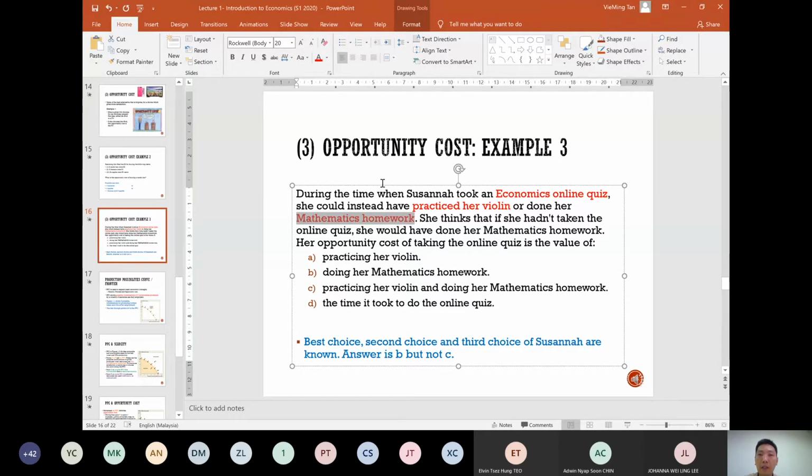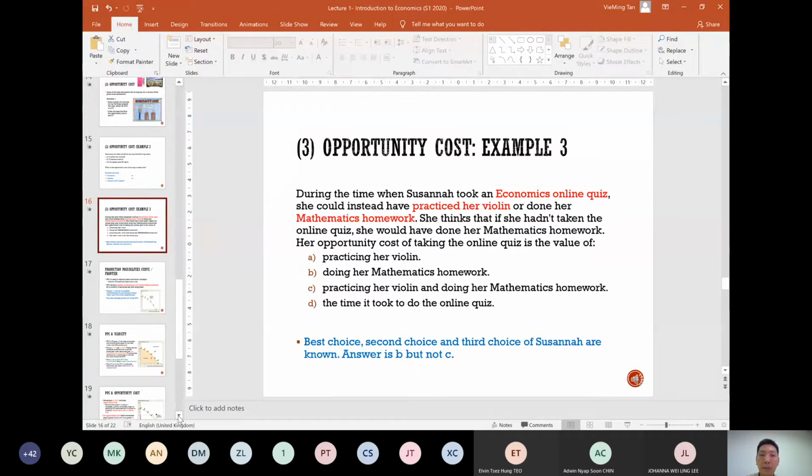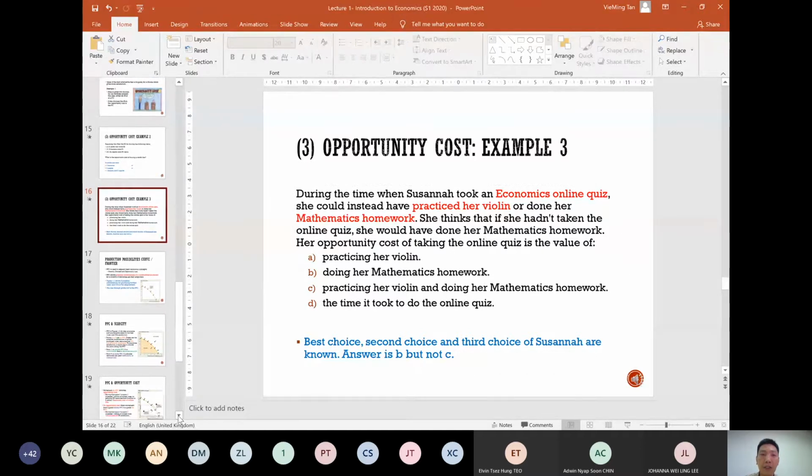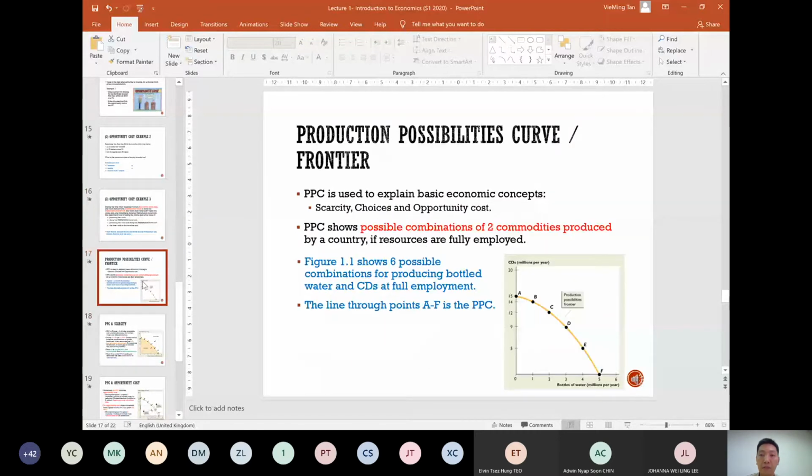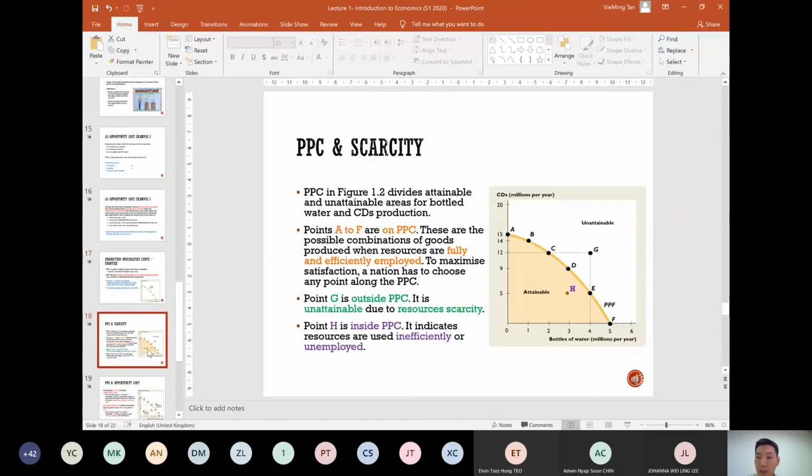Then the next slide would be the PPC, or we call it PPF, the production possibility curve, or the production possibility frontier. All right. So from this PPC or PPF, can anybody inform me?